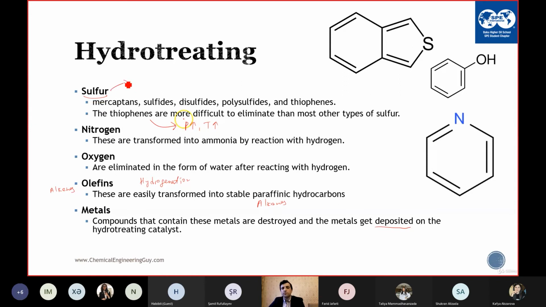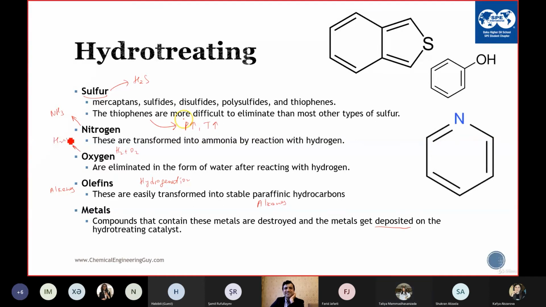What happens to sulfur? When you hydrotreat, what do you produce? Hydrogen sulfide. Exactly. With nitrogen? NH3. Ammonia, yes. And oxygen? H2 plus O2, water.